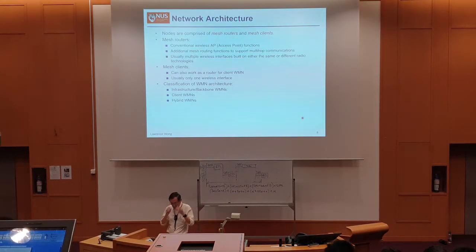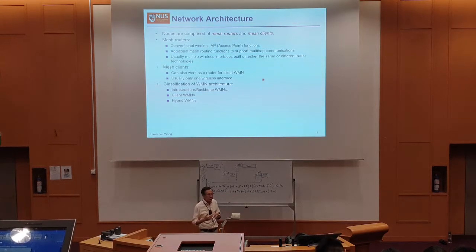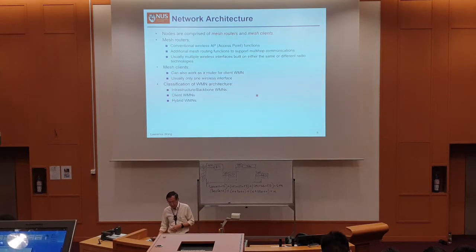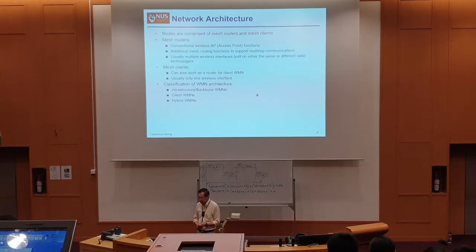Whereas the mesh clients do have the capability to also relay traffic, but it's done in a very simple form because of the multi-hop capability. And there are three classifications of architecture: the infrastructure or backbone mesh networks, the client mesh networks, and the hybrid, which is a combination of the two.